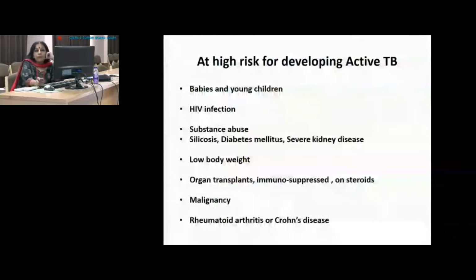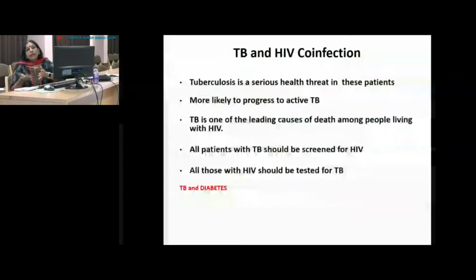Then someone who's on treatment for rheumatoid arthritis or Crohn's disease, again, these people would tend to be immunosuppressed, and in their cases, latent TB would progress to active TB. The likelihood is small. A very important factor, which when it combines with TB, there is more chance of progression to active TB, is TB and HIV coming together, and TB is one of the leading causes of death among people living with HIV.